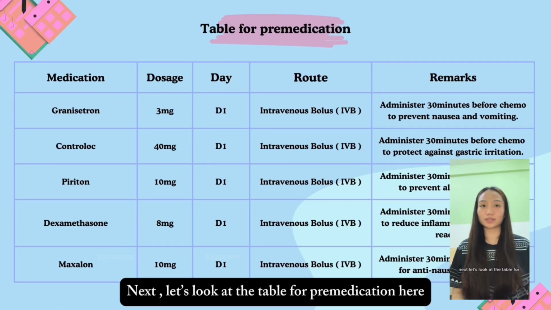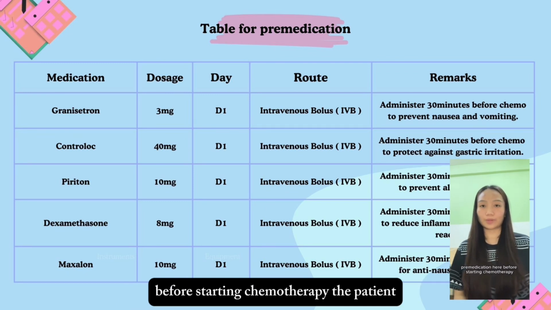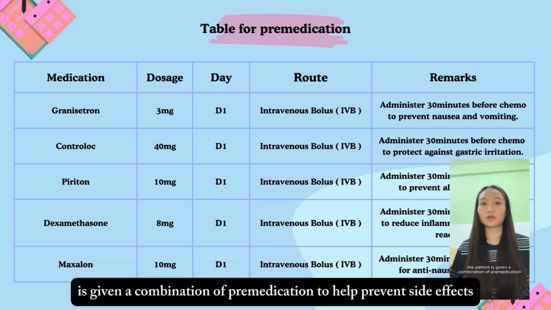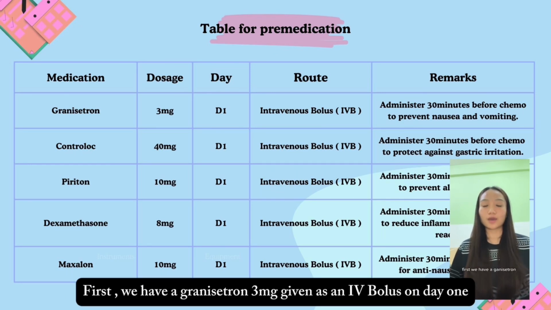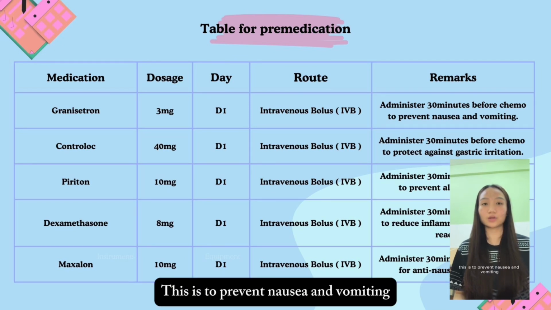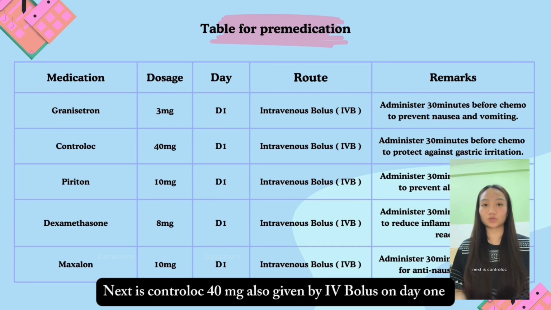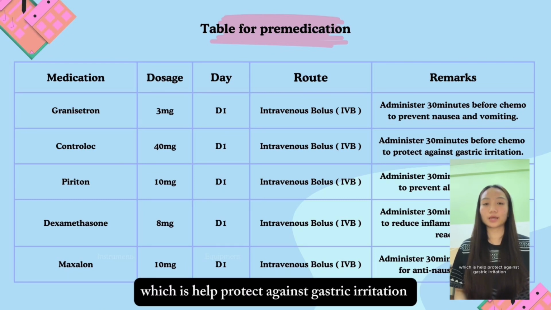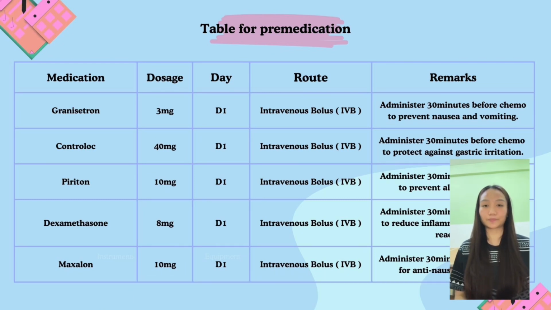Next, let's look at the table for pre-medication here. Before starting chemotherapy, the patient is given a combination of pre-medications to help prevent side effects. First, we have granisetron 3 milligrams given as an IV bolus on day 1. This is to prevent nausea and vomiting. Next is controlog 40 mg, also given by IV bolus on day 1, which helps protect against gastric irritation.